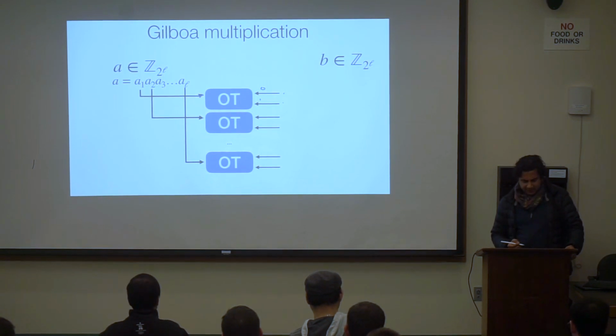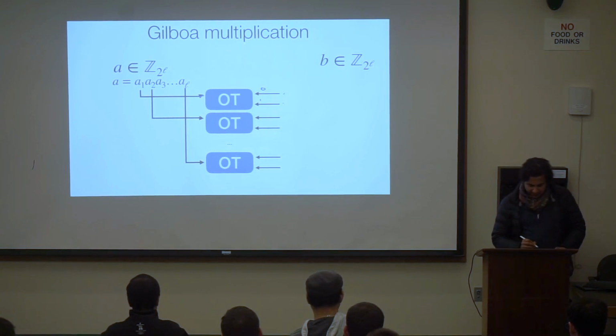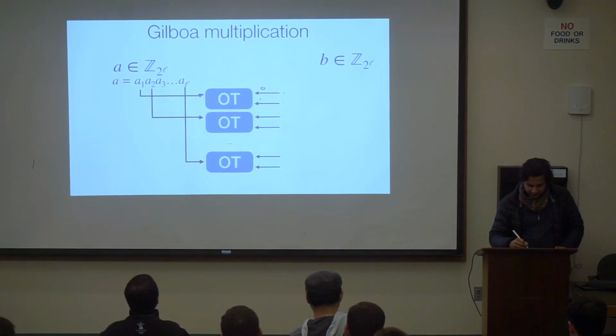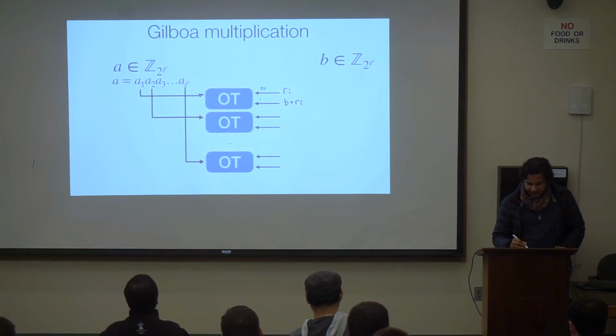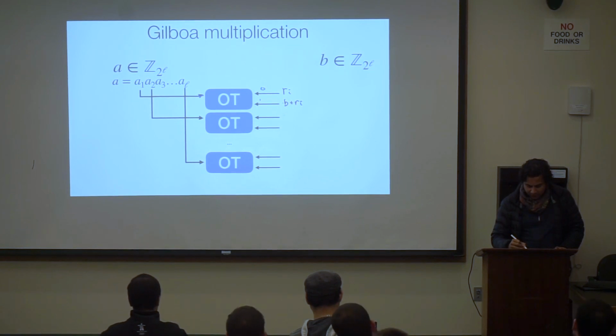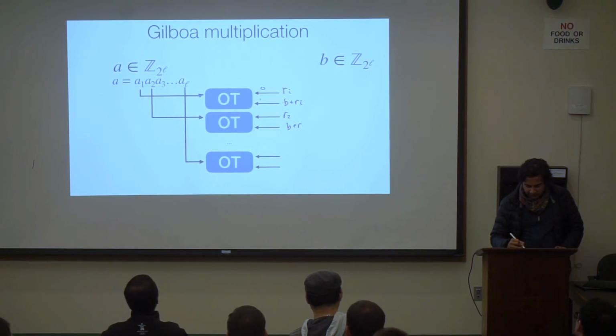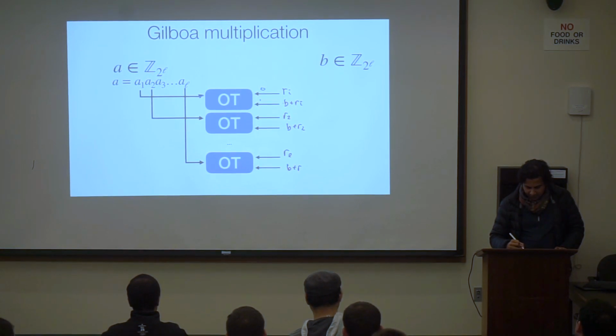So with something like this, the way you can build a multiplier is you can have one of the parties put either Ri or B plus Ri. And this Ri is a different Ri every time. So that would be R1, this is R2, B plus R2, and this would be RL and B plus RL.